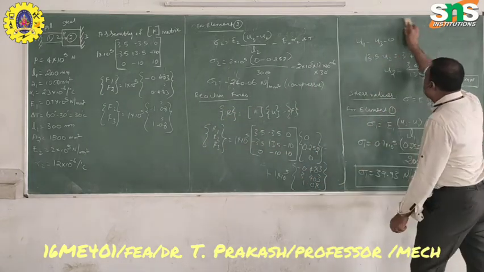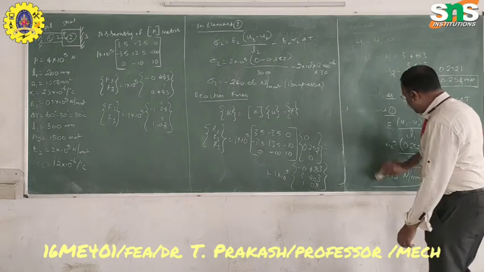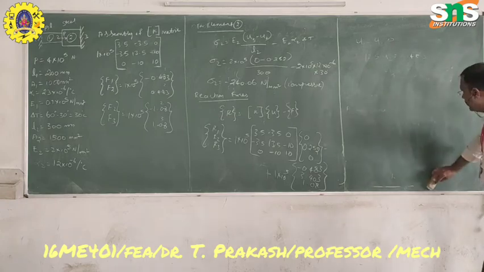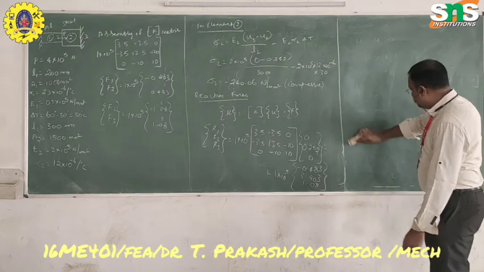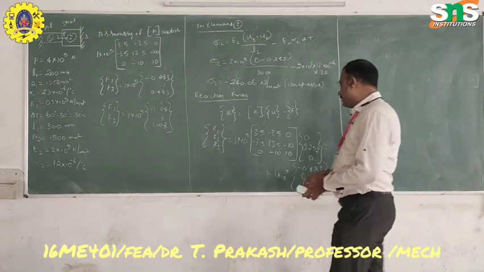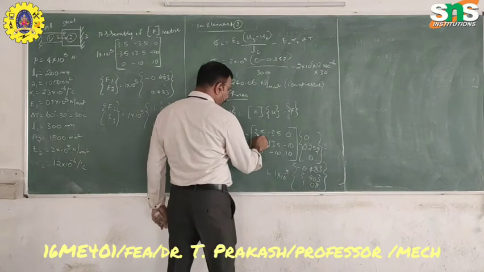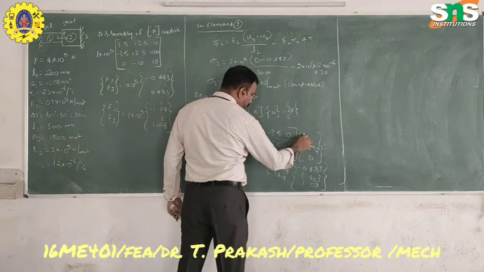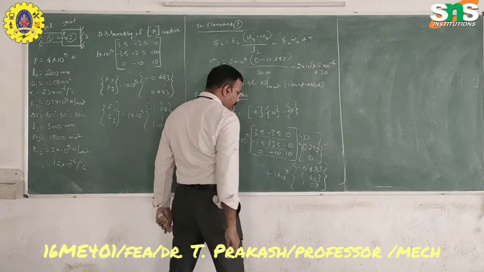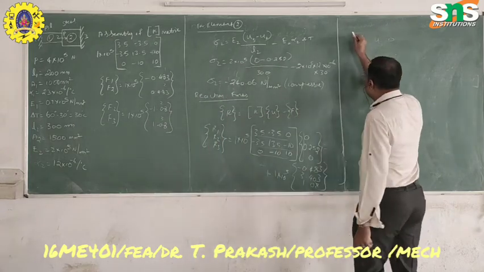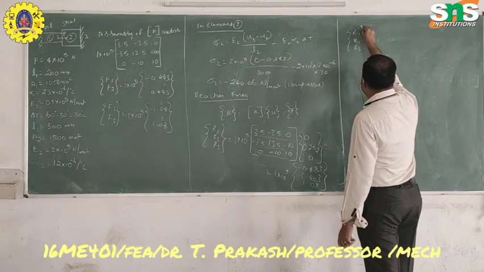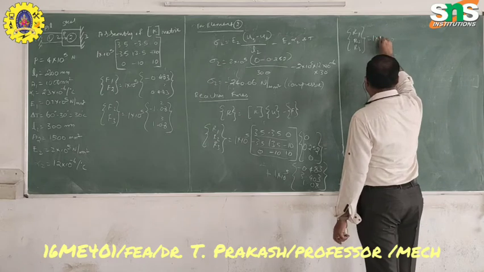Now you cross multiply the matrix, second row into this column and third row into this column. You get the values, that is R1, R2, R3. 1 into 10 power 5 is common.